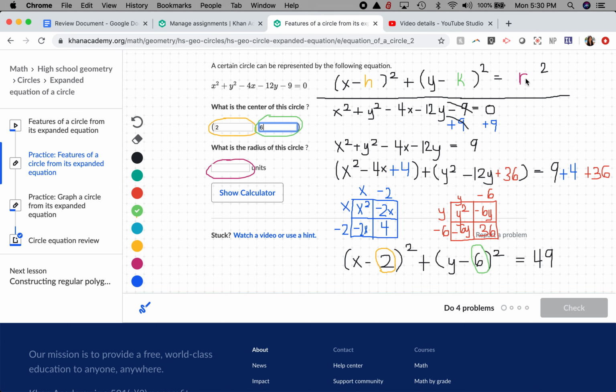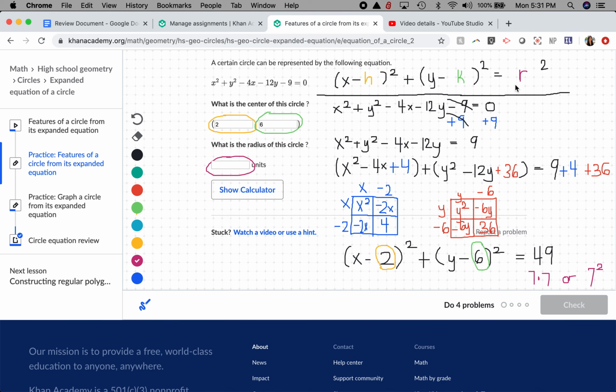And our r is going to be the base if we take the square root of 49. So again, 49 is the same as 7 times 7, or 7 squared. And this r, the radius, is the base. So the radius of the circle is 7 units long.